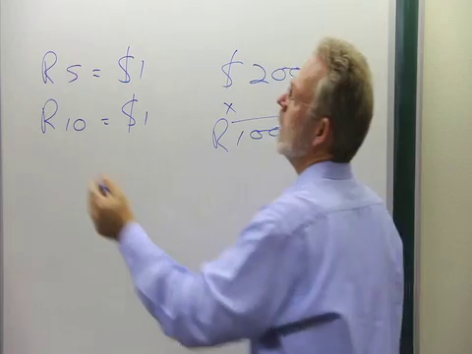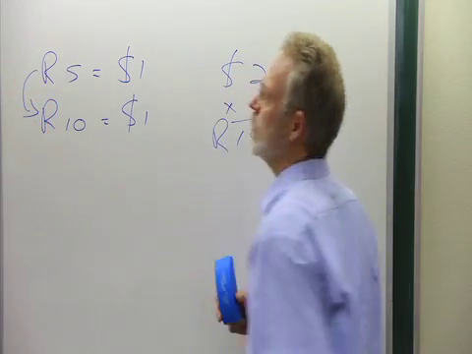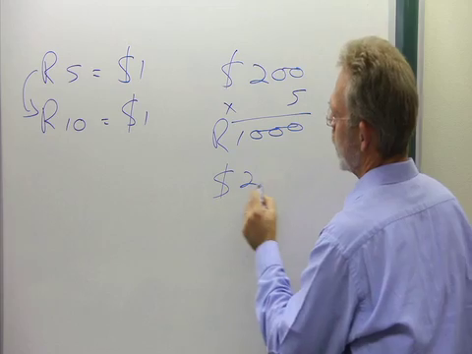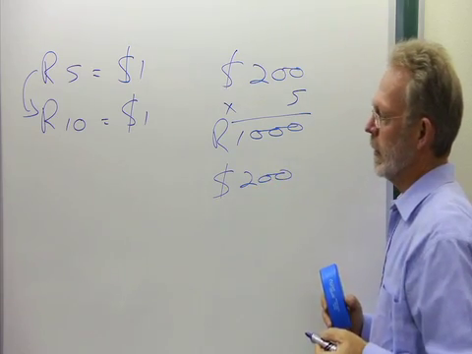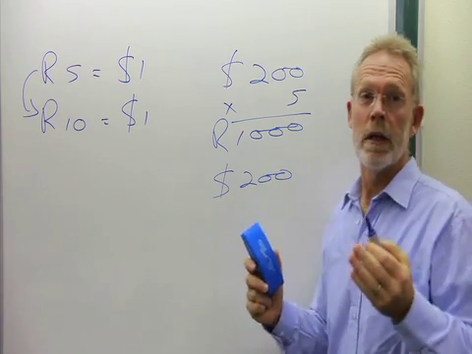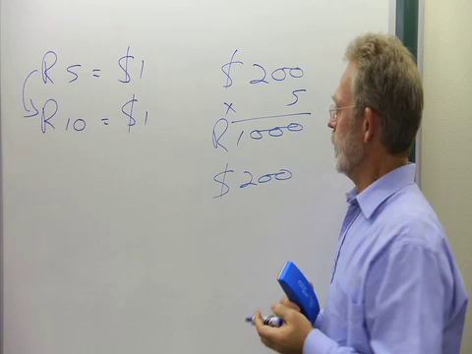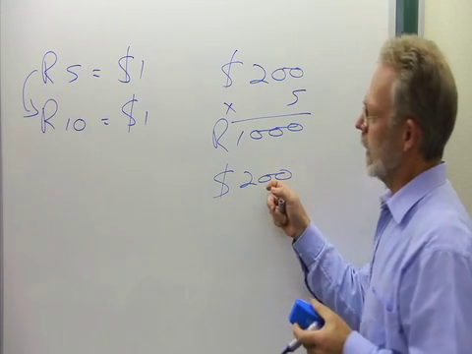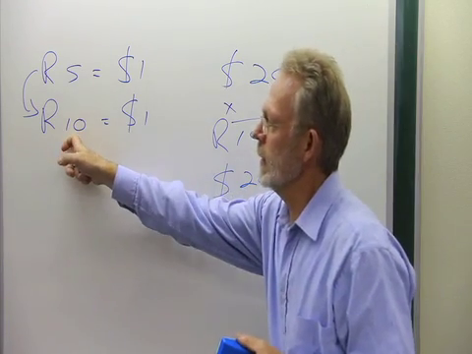But now the rand depreciates to 10 rand to the dollar. If you want to buy this pair of boots costing $200 in America, how many rand do you need to take out now? Well, for every dollar you need to pay 10 rand.